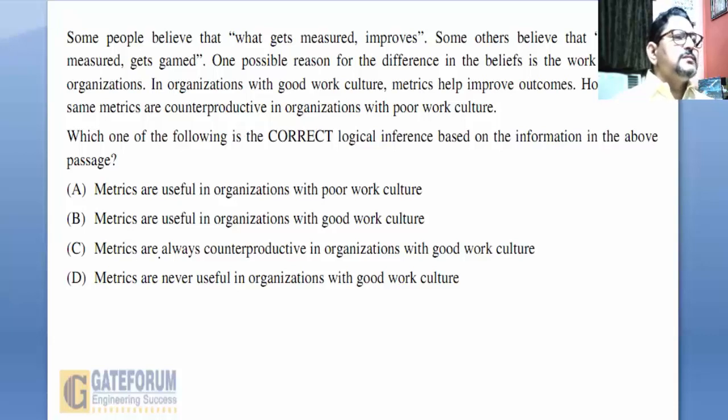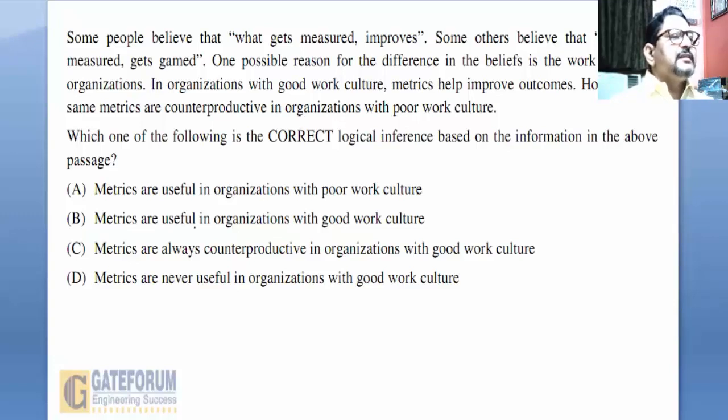Let us look at the options. Metrics are useful in organizations with poor work culture. It directly says the opposite of what has been said in the passage. See, in poor work culture, the metrics are counterproductive. So this can never be a correct logical conclusion.